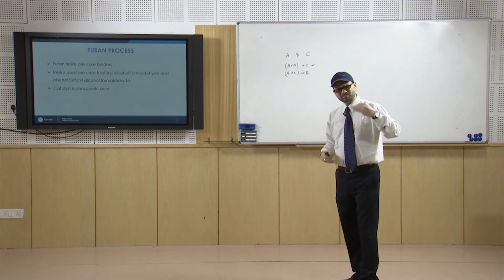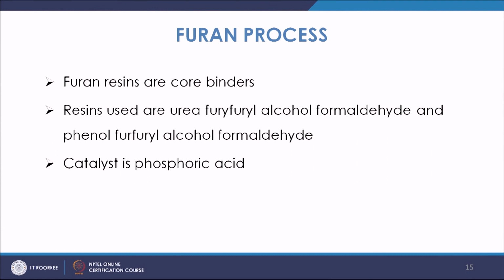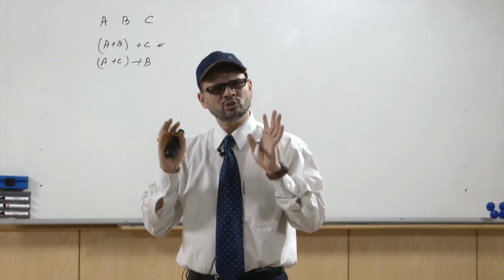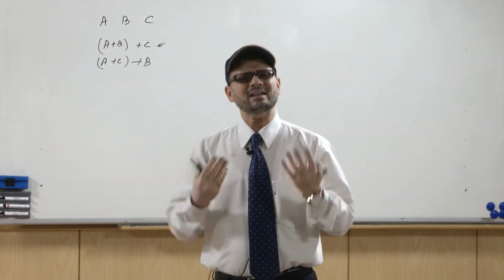Then there is another process known as the Furan process. Here, furan resins are used as the core binders. These resins are urea furfuryl alcohol formaldehyde or phenol furfuryl alcohol formaldehyde. There are different types of resins which are used, and they give you strength based on different types of catalyst.